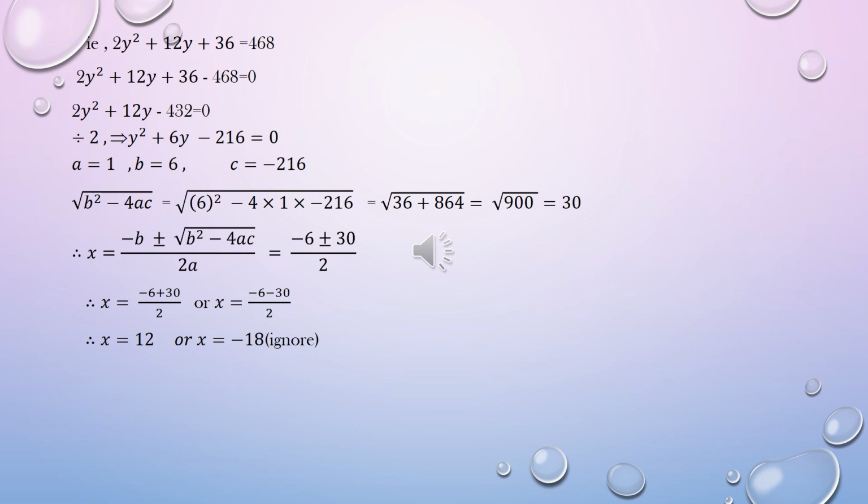Ignoring the negative value as it is a side of the square, we can say side of the square is 12 and the second square side will be 12 plus 6, which is equal to 18 meter.